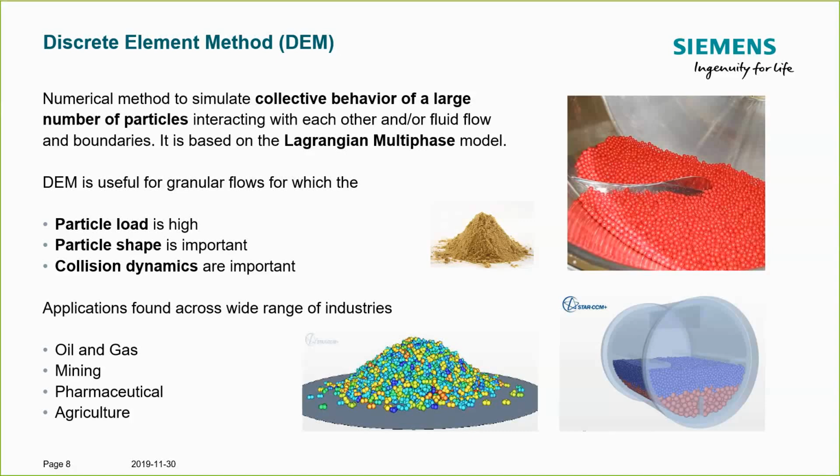So DEM has its origins in rock dynamics and granular flows, but what is commonly referred to as a prerequisite or good condition to apply DEM is that the particle load is high, or if the particle shape is important and collision dynamics are important. Applications are found across a wide range of industries: oil and gas, mining, pharmaceutical, or agriculture.